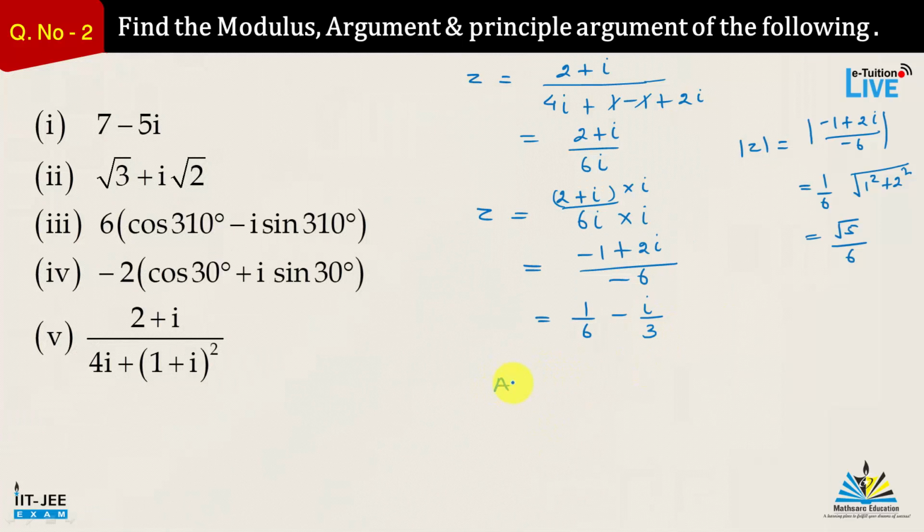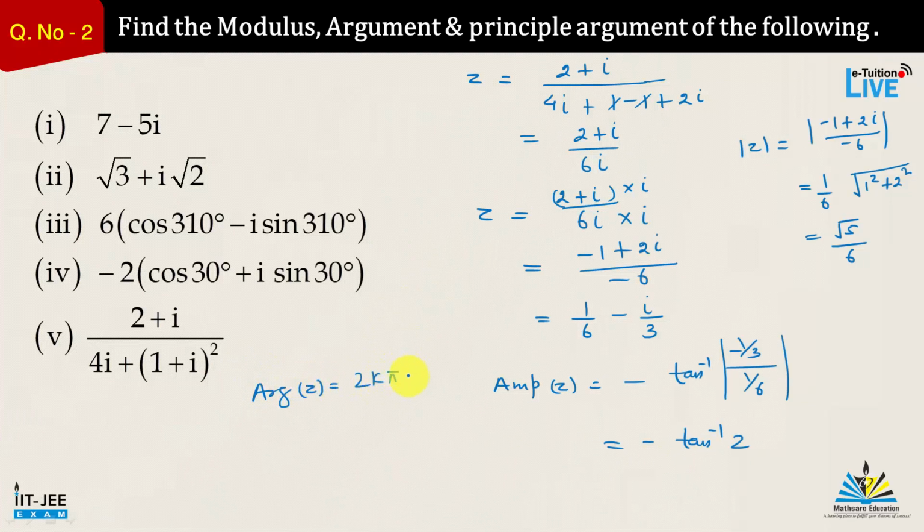So the amplitude of z is calculated as minus of tan inverse mod of minus 1 upon 3 upon 1 by 6, and that is equal to minus tan inverse 2. So the amplitude of z is minus tan inverse 2, and hence the argument of this complex number is equal to 2k pi minus tan inverse 2, and k belongs to integer.